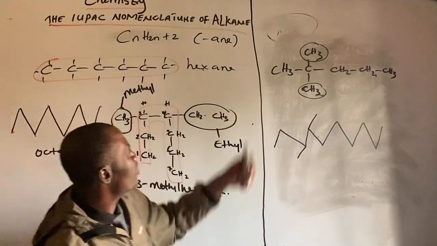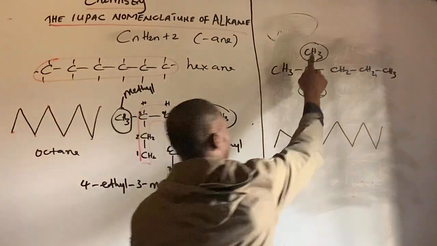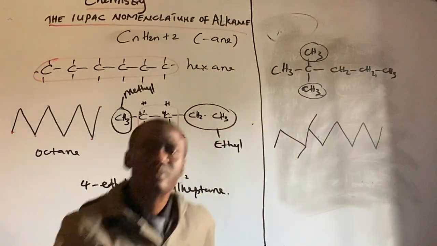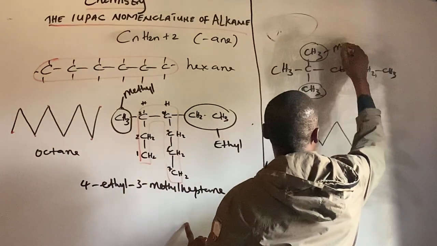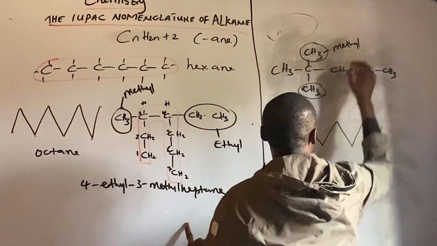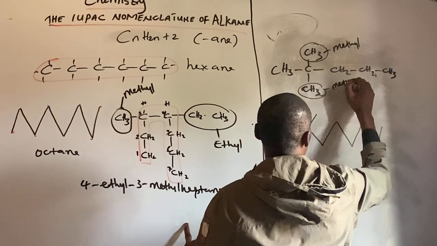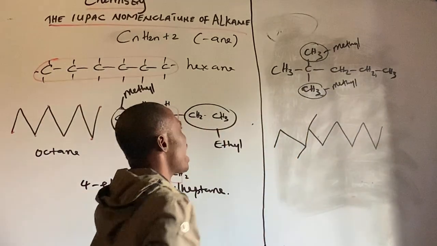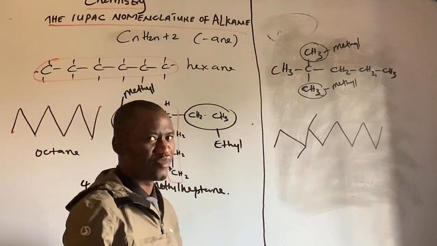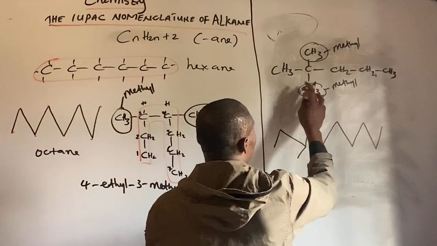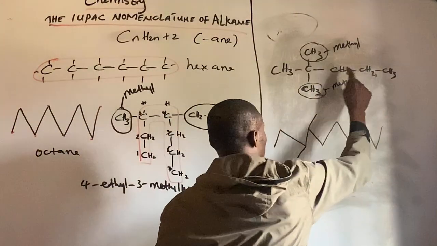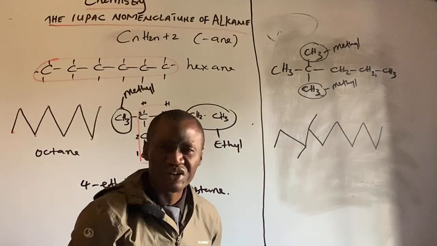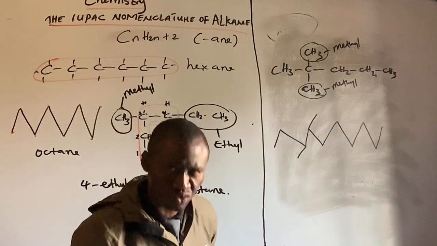All right. Now, let's take up the first one. We have a methyl. CH3 is a methyl. And then we have another methyl. Now, we're going to give methyl the lowest number. You don't say 1, 2, 3, 4, 5, 4,4-dimethylpentane. That's wrong.